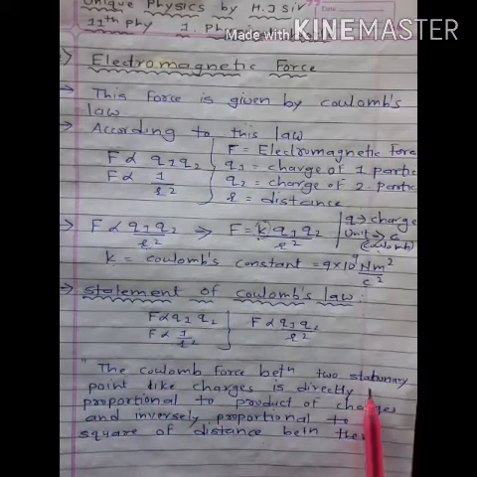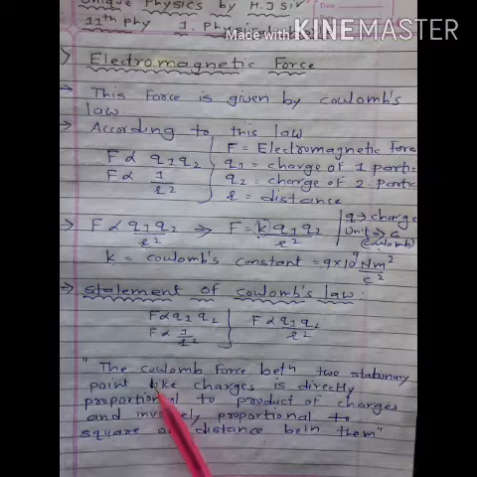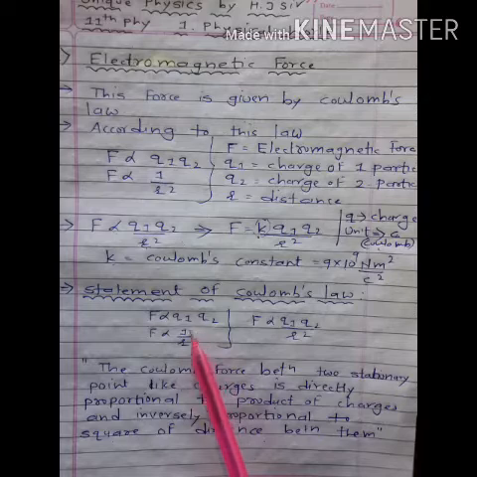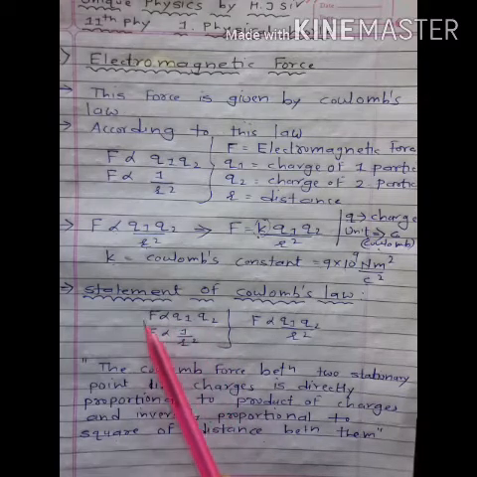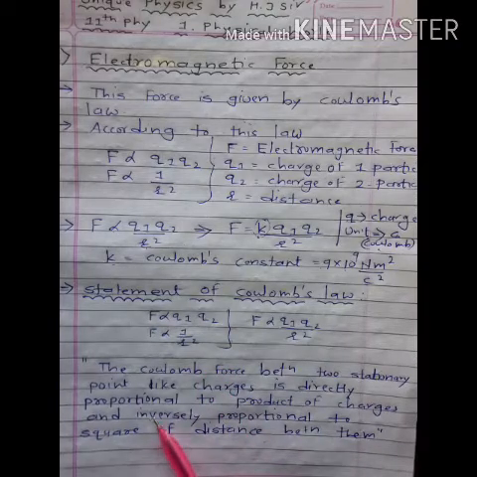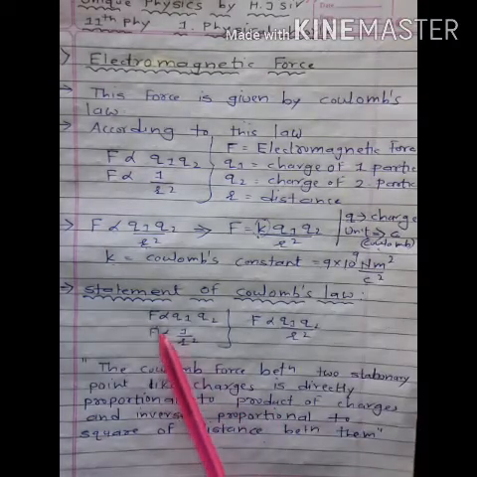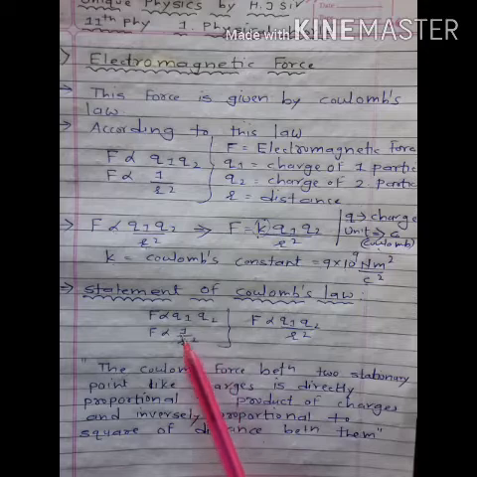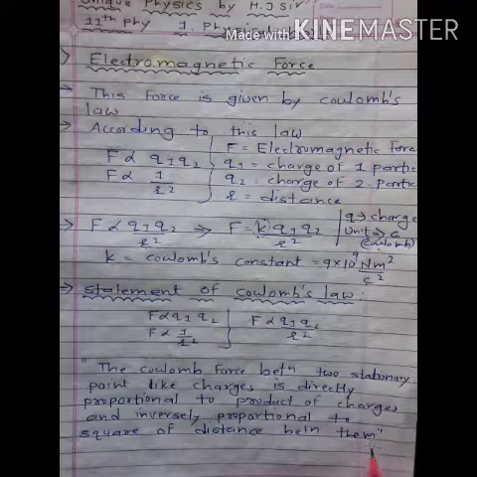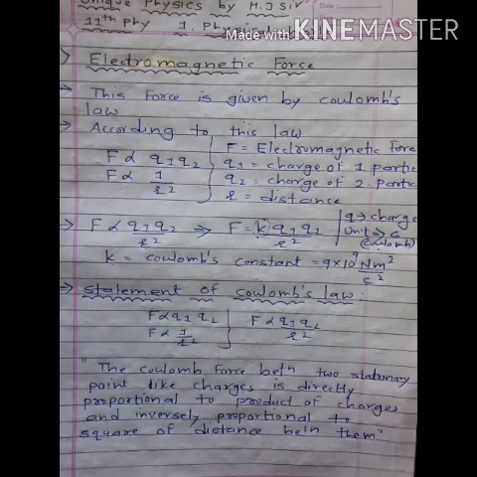Coulomb force is valid for stationary charges, steady charges at rest. Clear? And the force between point-like charges is directly proportional to the product of charges, that means Q1 into Q2, and inversely proportional to the square of the distance between them, that means 1 upon R square. This statement is known as the statement of Coulomb's law.